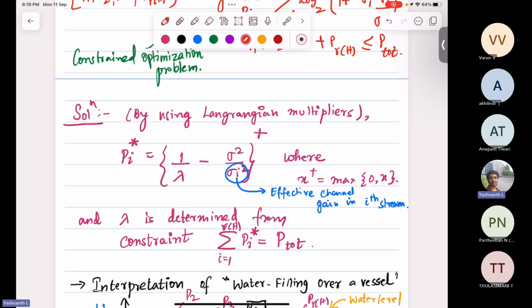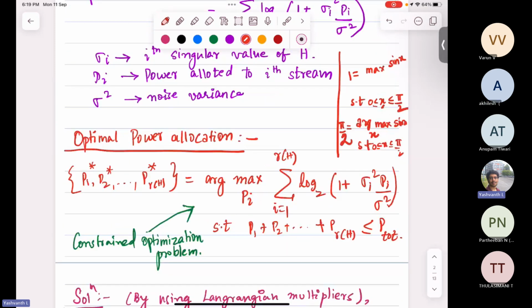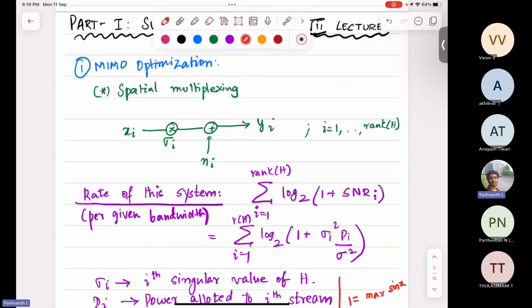The thing with power is, now if you look at the effective channel, this sigma i is a singular value, is no more a complex number. It is a real number because that is how the singular value decomposition is defined. Every singular value is a non-negative real number.